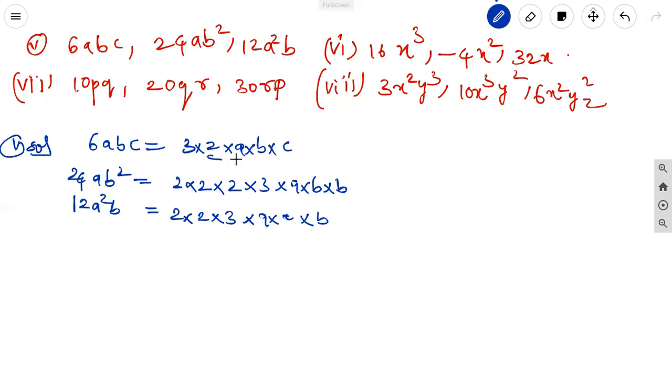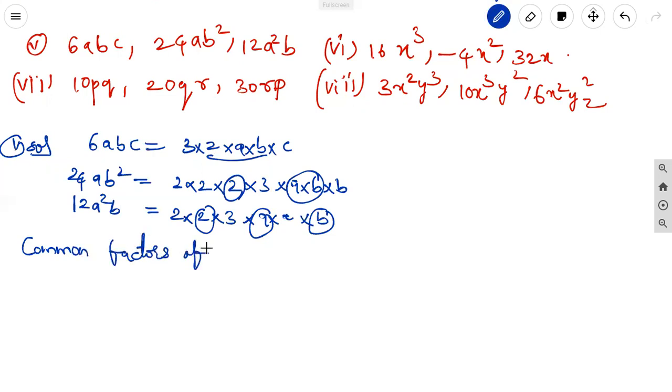Here 2abc, here 2ab only, c is not common. So the common factors of 6abc, 24ab square, 12a square b equal 2 into a into b, that is 2ab.